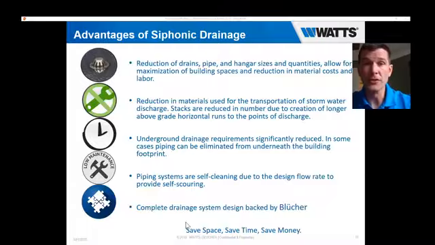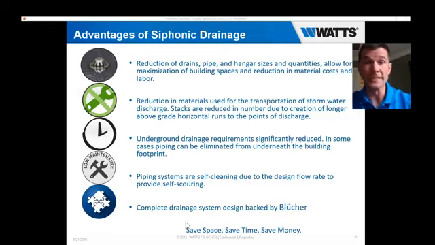So, noticing the key advantages to Siphonic roof drainage, you have a reduction in the number of roof drains on the system. You have less pipe, less system to bring through the building, and fewer hangers due to the push fit piping and lightweight stainless pipe. You're not having to hanger every certain distance with cast iron, where a 10-foot stick of cast iron is 76 pounds compared to a 10-foot stick of 4-inch stainless steel that's 16 pounds.